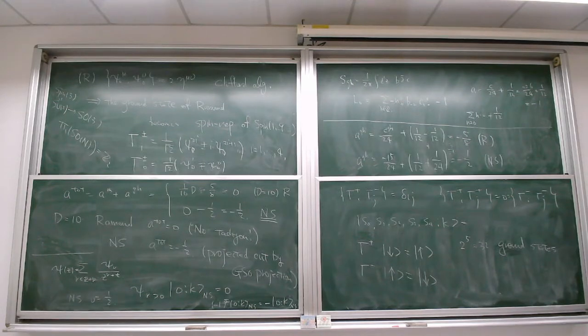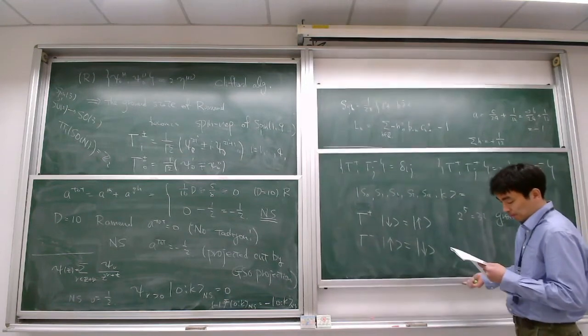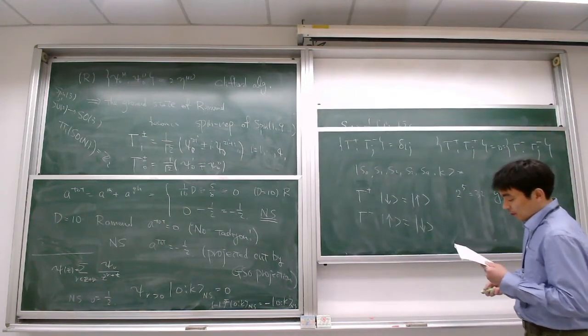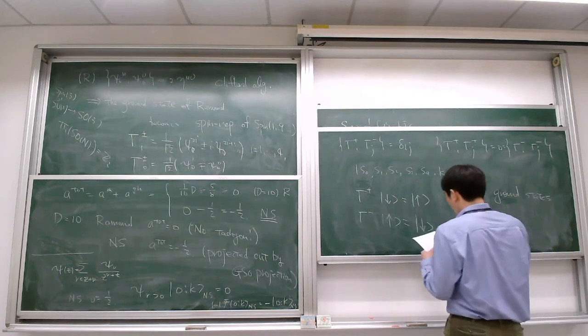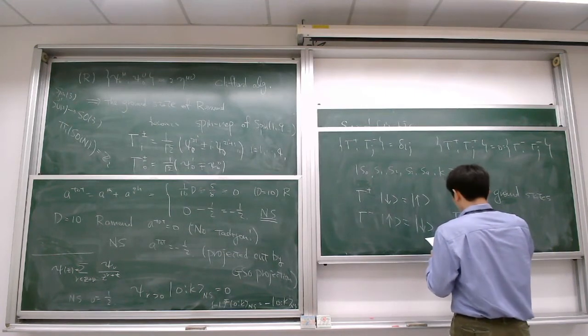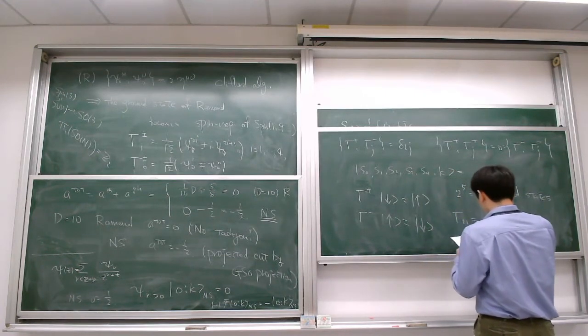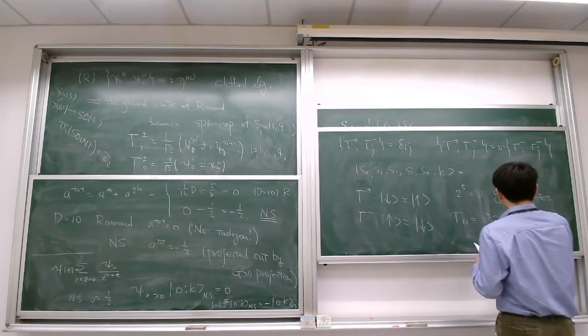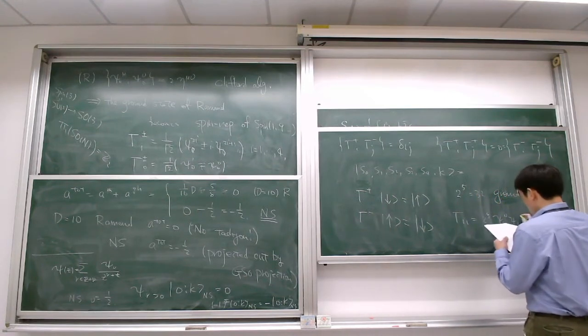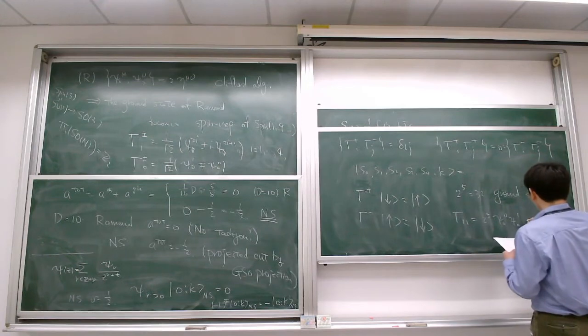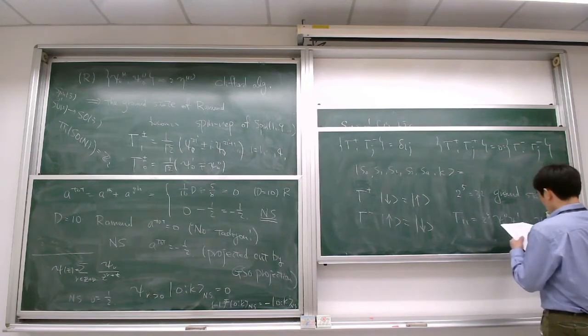Okay, and then one can define the chirality operator. So the chirality operator is as follows. The gamma 11, I just define with some factor, 2 to the 5, psi 0, 0, psi 1, psi 0, 1, dot, psi 9, 0.